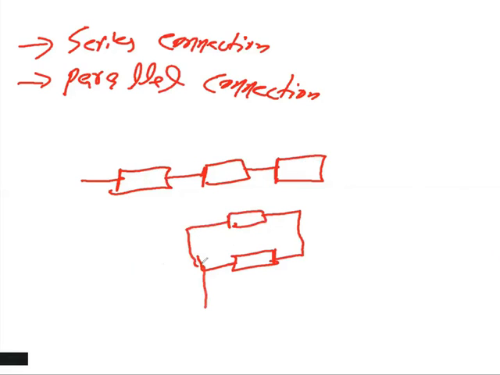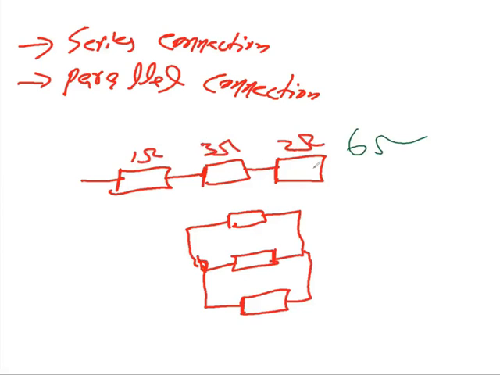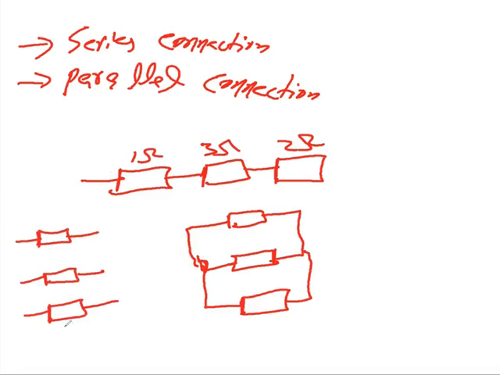Okay, I know you know all the relationships. So if this resistance is 1 ohm, this one is 3 ohm, and this one is 2 ohm. And you also have lots of other resistances, and that is 2 ohm.